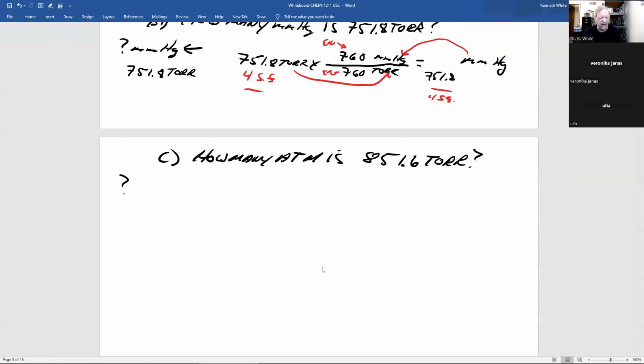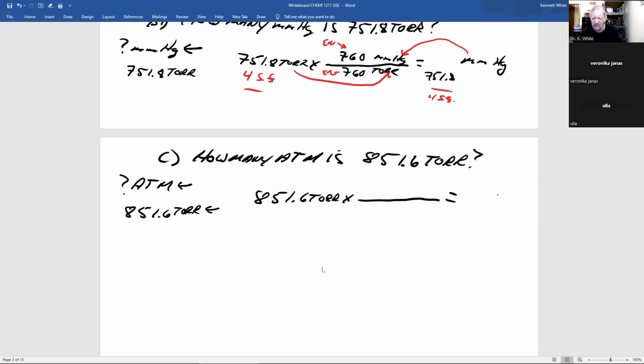We're trying to find ATM. We're given this number. These are both pressure units, which is why we're talking about them. So the only number I have to start with is this. If I had a ratio, what units do I want my answer to be in? And the answer is atmospheres, ATM.